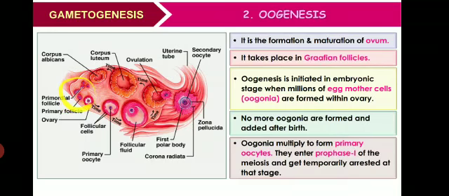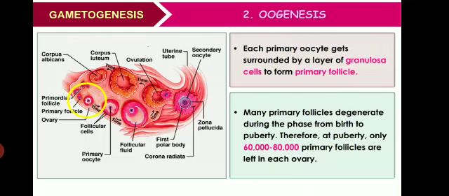This is a transection of the ovary. Tunica albuginea is the outer covering, inside is the stroma. The stroma is divided into peripheral cortex and inner medulla. In this peripheral cortex we find primordial follicular cells. Then what we have are the ovarian follicles at their different maturation stages: primary follicle, secondary follicle, tertiary follicle, Graafian follicle, and the empty Graafian follicle, which we call corpus luteum, then corpus albicans. These are the different stages of maturation we can find here, students.